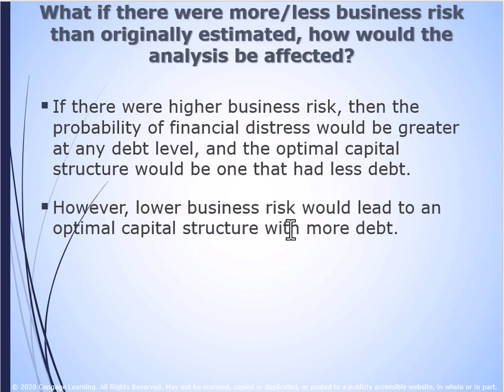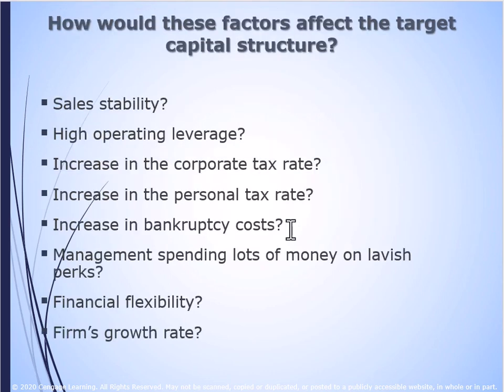But lower business risk would lead to an optimal structure with more debt. So business risk, changing the operating functions of the company, will have an impact on the cost of financing. So ultimately, it will have an impact on the debt structure that turns out to optimize the price.